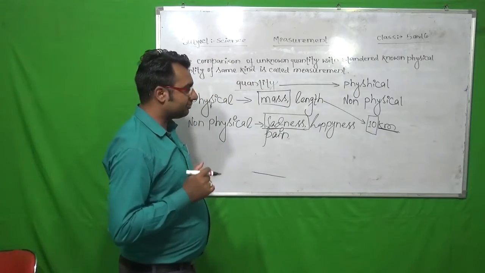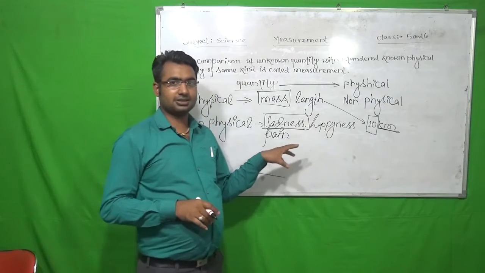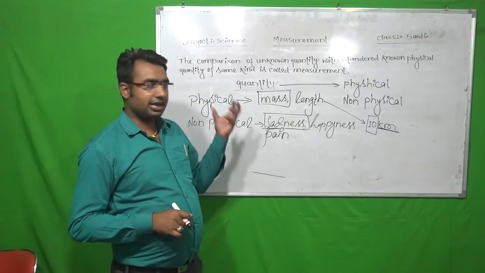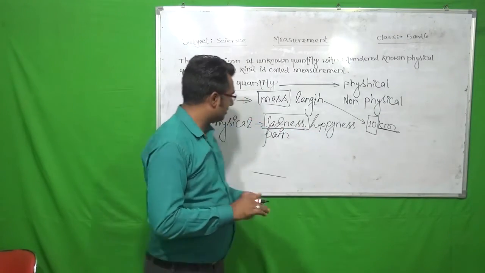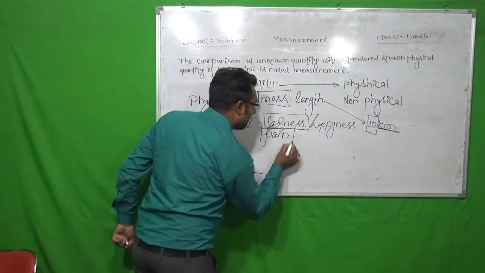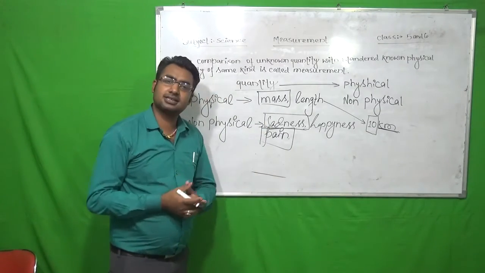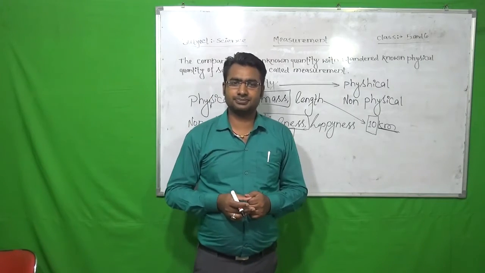What does it mean? It means that the length or the distance between any two points, or the length of any thing, can be expressed in terms of number. But pain, happiness, sadness cannot be expressed in the form of number.